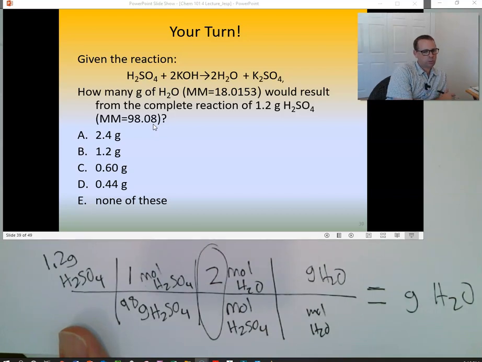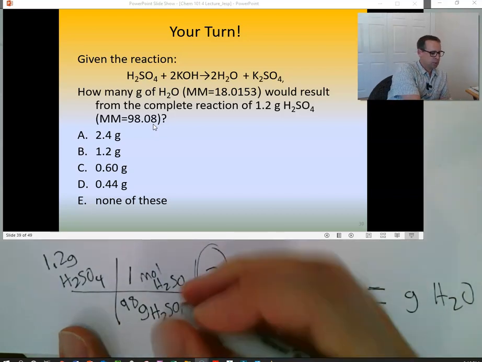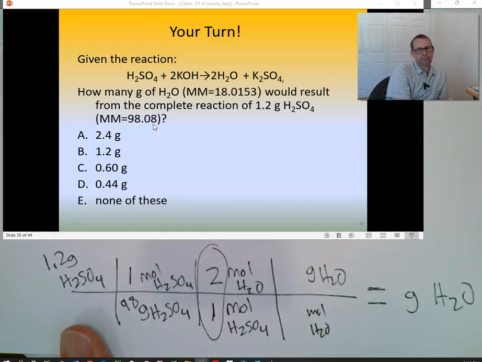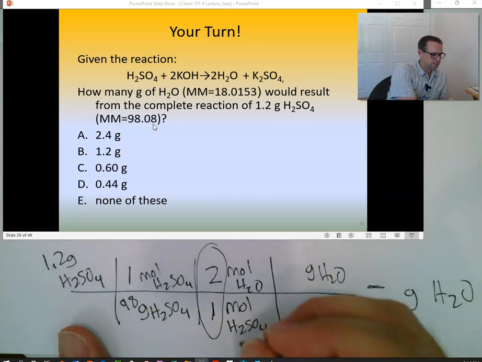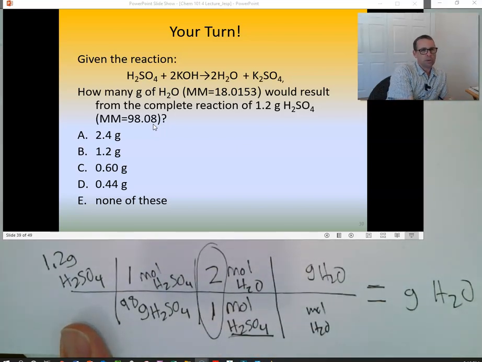To 1 mole of H2SO4. Good. Now how do I get the grams of water per mole? That mole below, that should be a K, right? Which one? It looks like you have H2SO4 down here. Well, it is H2SO4, isn't it?